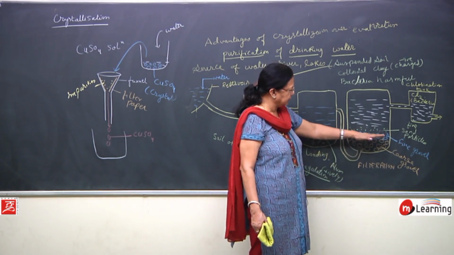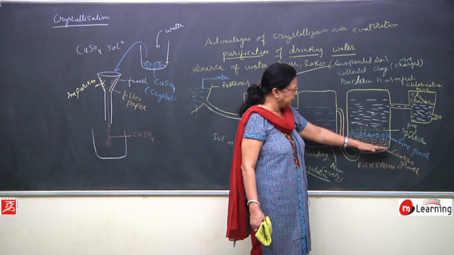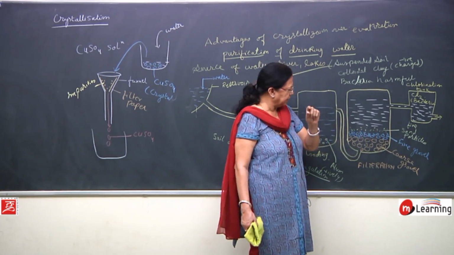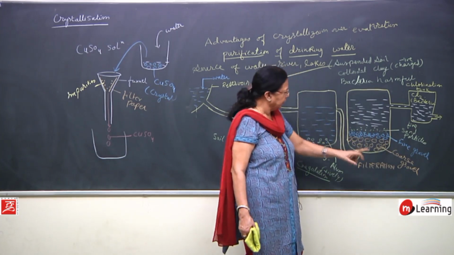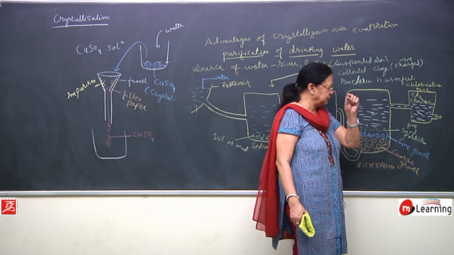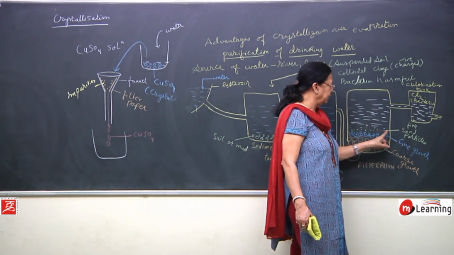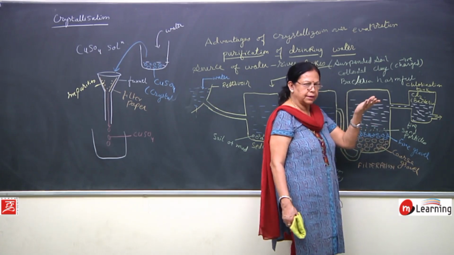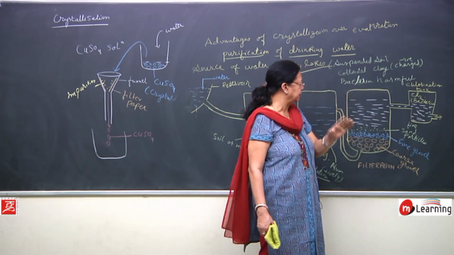In this filter tank there are 3 layers. The first layer is of bigger particles of stone, or you can say coarse gravel, then small particles, that is fine gravel, and the uppermost layer is of very fine sand particles.